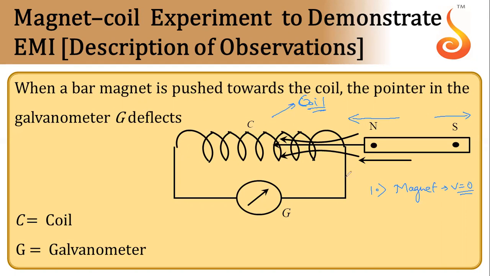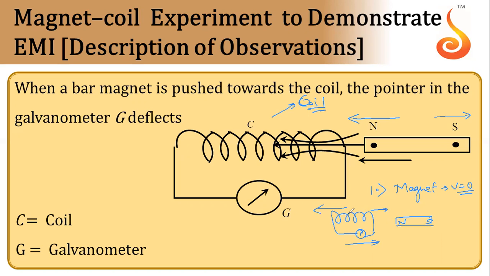The same thing happened when we move the coil but fix the magnet. If we move it towards the magnet, some current will start to flow. Similarly, when we move the coil away from the magnet, again some current started to flow.